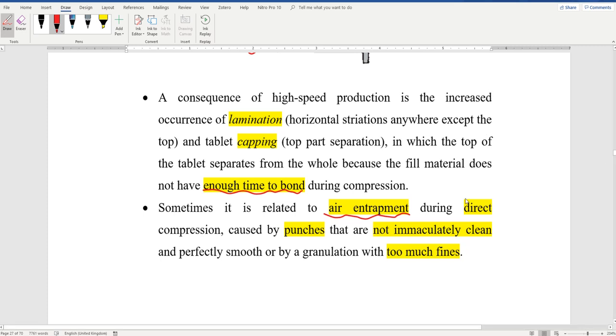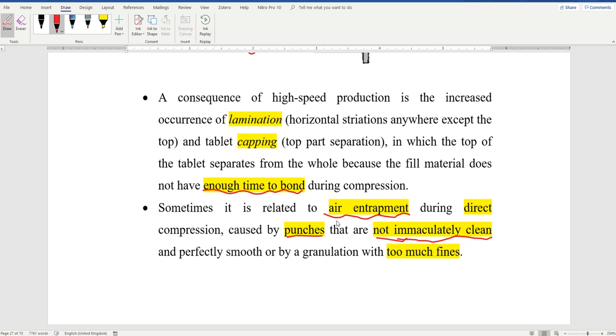Also, if you are using unclean and not smooth punches, this will cause the formulation to stick to the punches.